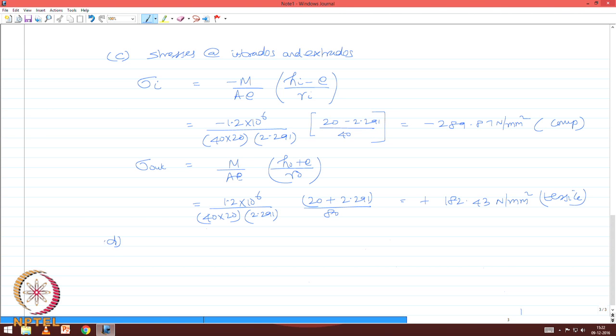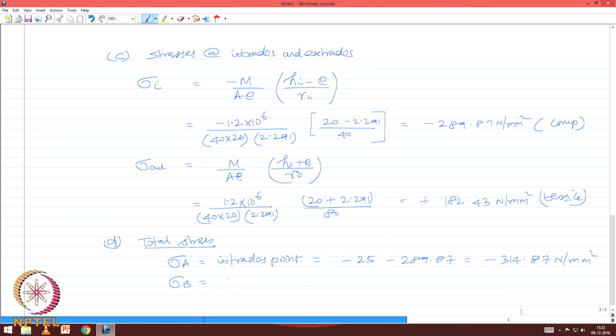Now, the total stress, let us say at A, which is an intrados point, is the direct stress, which is compressive, and the stress due to the moment, which is also compressive, which gives me minus 314.87 Newton per mm square.